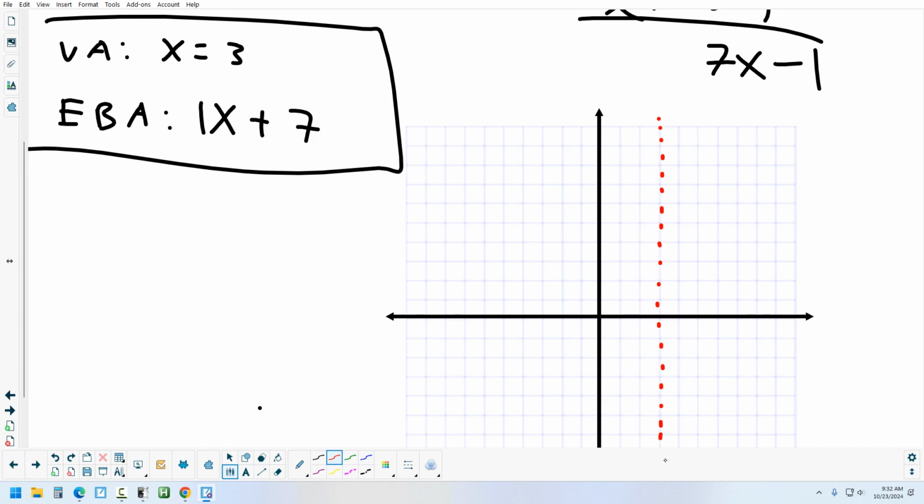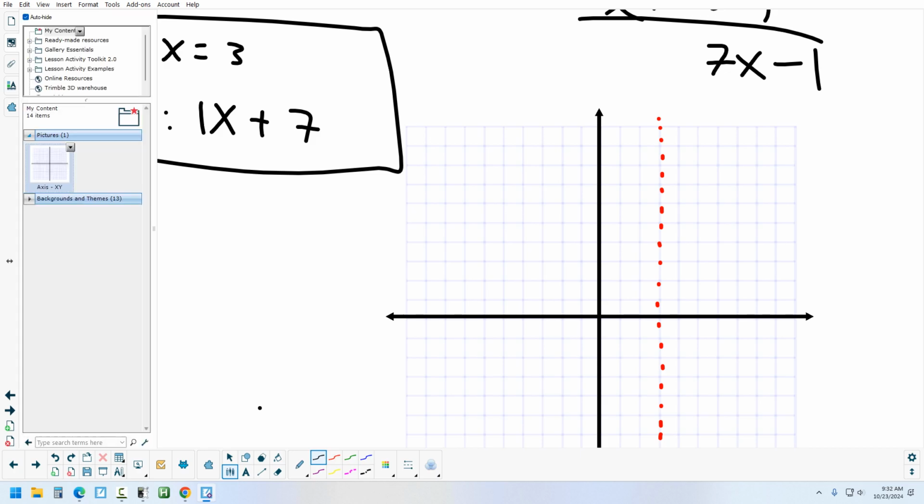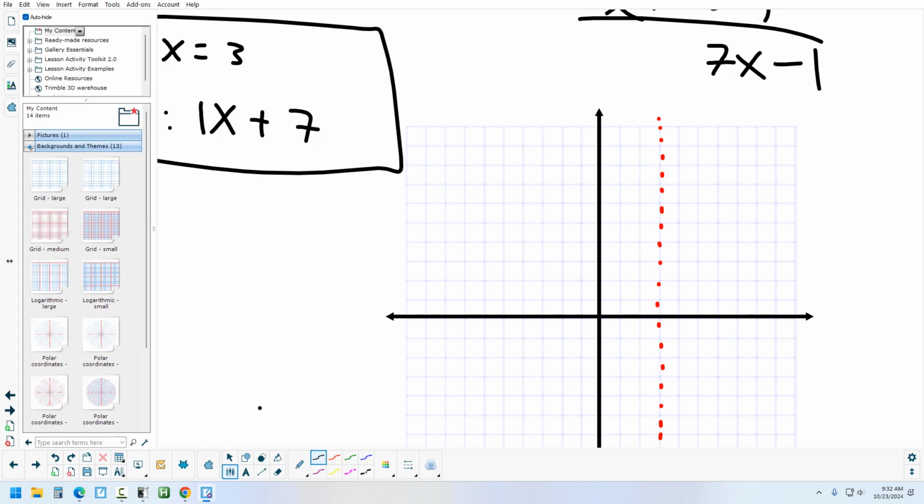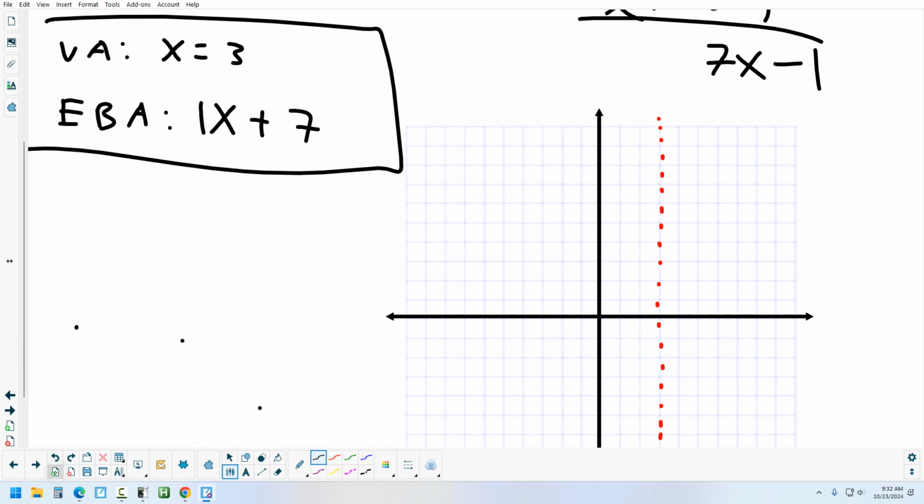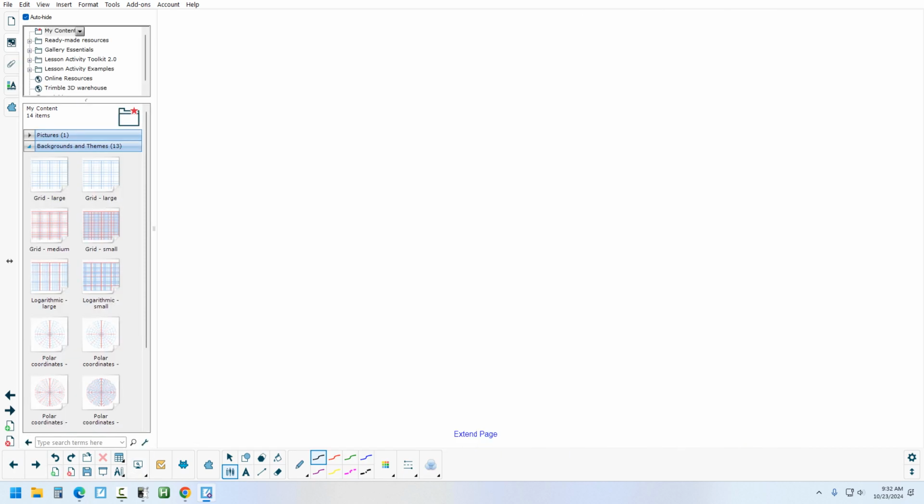Okay, what I'm going to do is, if I go by plus 7, that's going to put my graph way up there. So I'm going to get a bigger piece of graph paper because I don't want to go off the graph. Let's go here and use, how's medium?